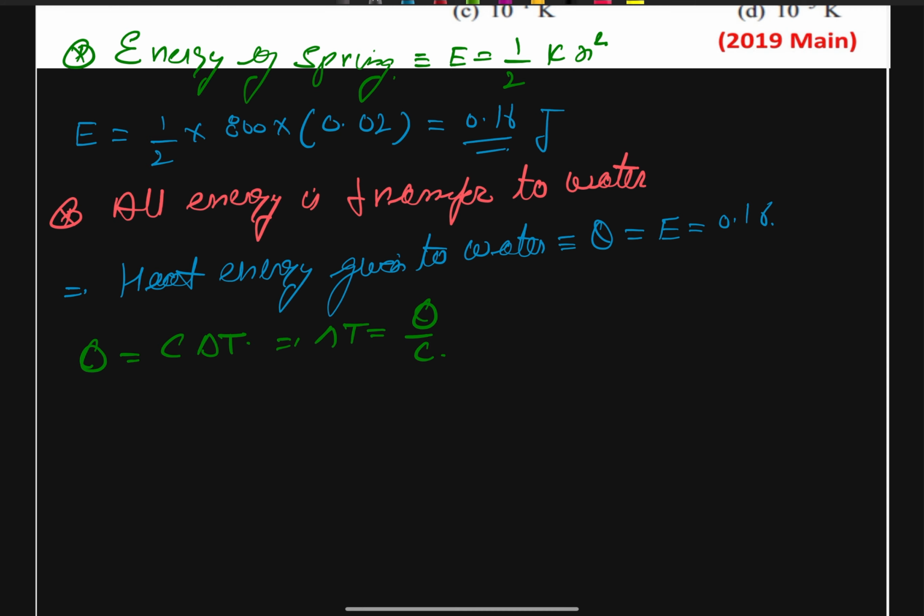So this total heat capacity C will be equal to heat capacity of the mass plus heat capacity of our water.